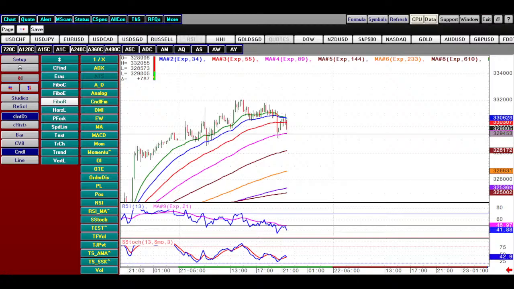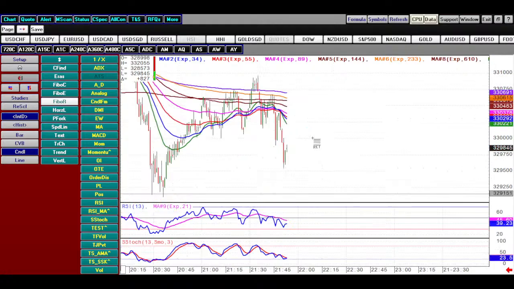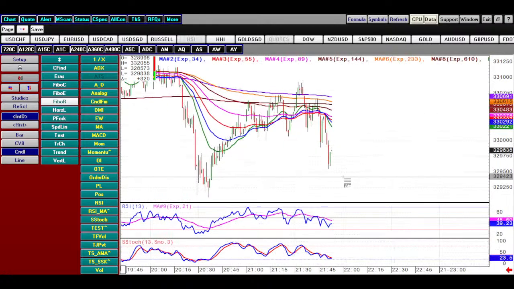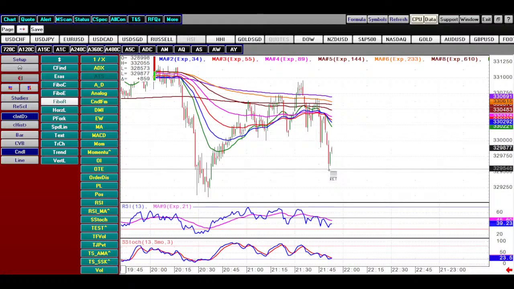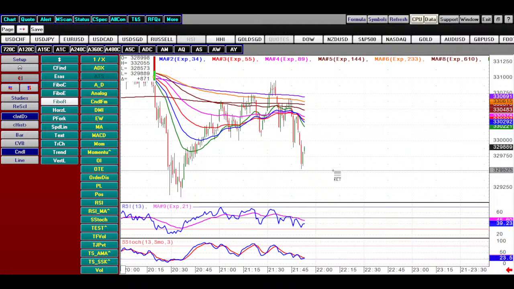Still have 7 more minutes of this weakness, and yeah, maybe 98. Try to take a profit at 98. So at least we can go for a re-entry. That means we'll make about $7 on this trade.